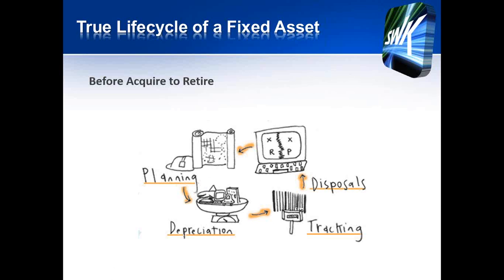They're more accurate because things are getting updated over here. So tracking is the movement of the activity of that asset when it's still in service. And then we get to the disposals. All right, we put a RIP here because it's a goner.